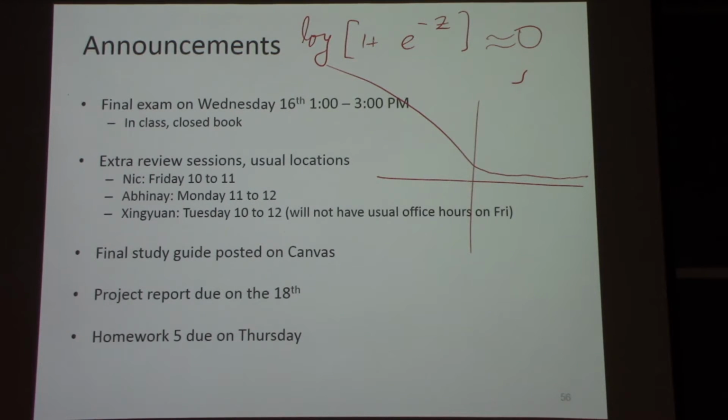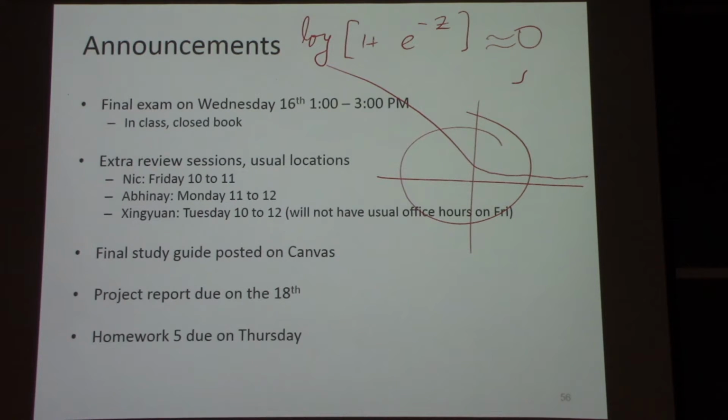Can I say this one is directly equal to z? Because even when z is small, it's also close to 0. Yeah, but this region is where it's different. When it's between a certain range, it's actually not linear.